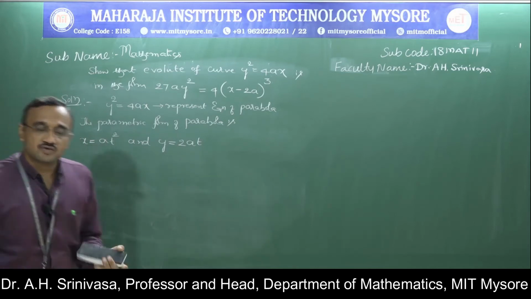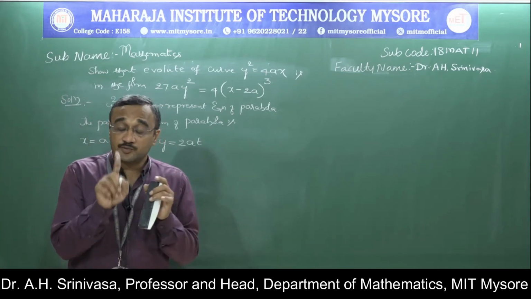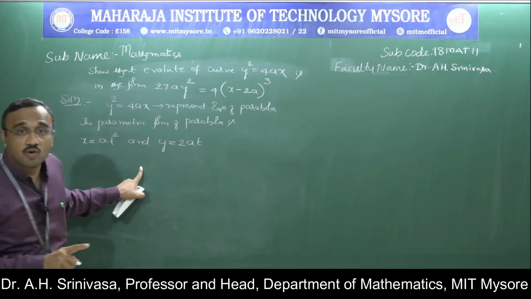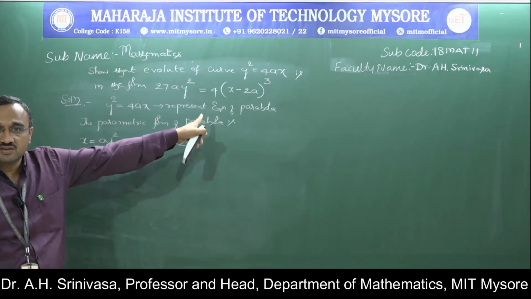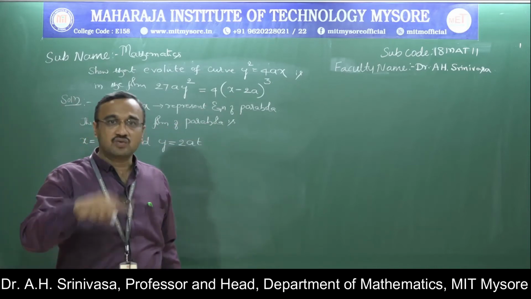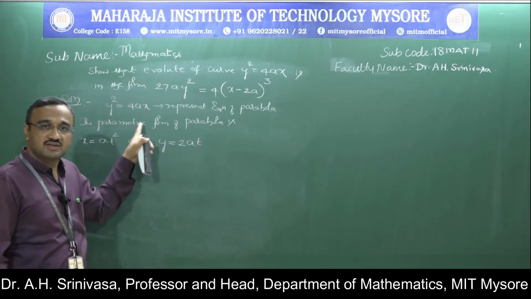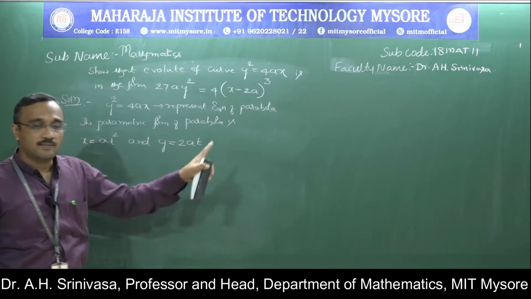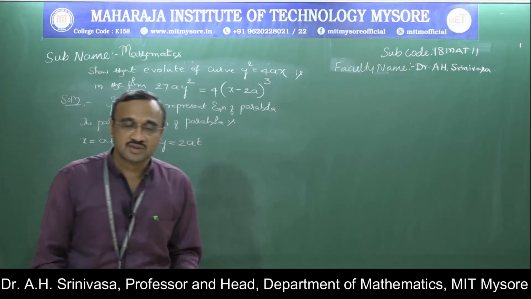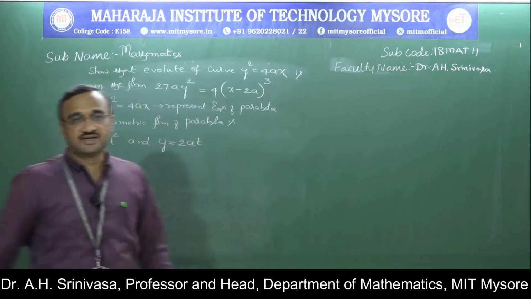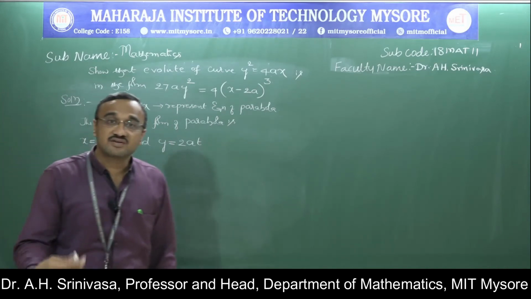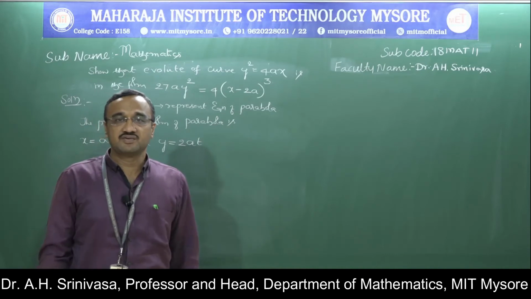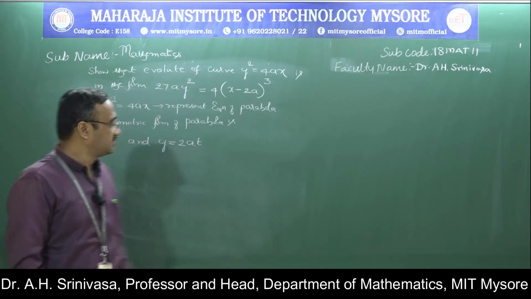So this is the first procedure. In procedure number 1, the first step is over: we identified that the curve is a parabola, and then changed the parabola curve into the form of a parametric equation. What is the second procedure? Now we are going to differentiate this and make it a first order derivative dy by dx.